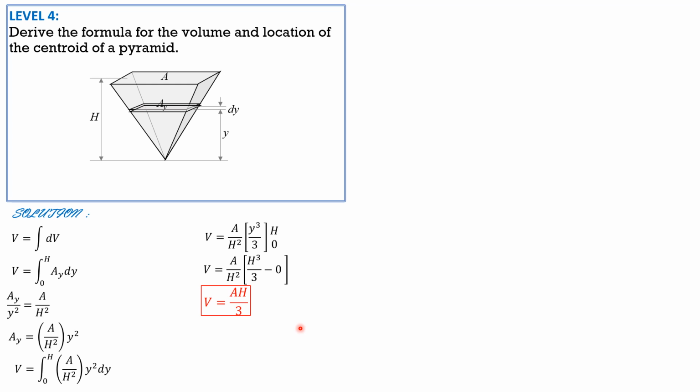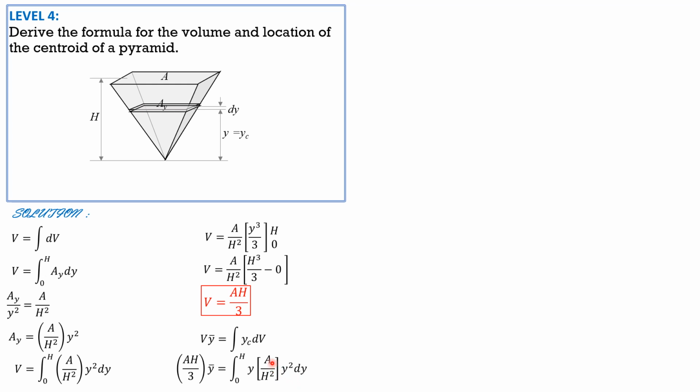So it verifies the volume in general. Then volume times barred y equals the integral of y sub c times the differential volume. So y sub c is just y. And therefore area H over 3 times barred y equals the integral from 0 to H of y, times the differential volume, which is area over H square y square dy.